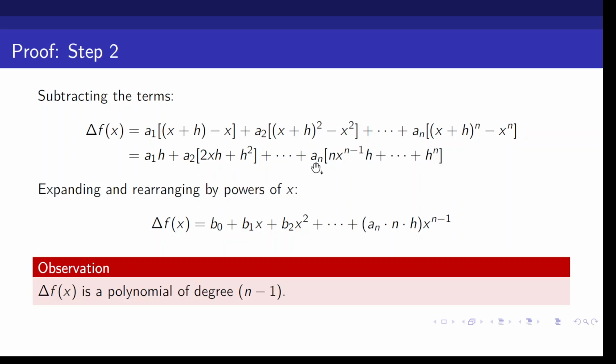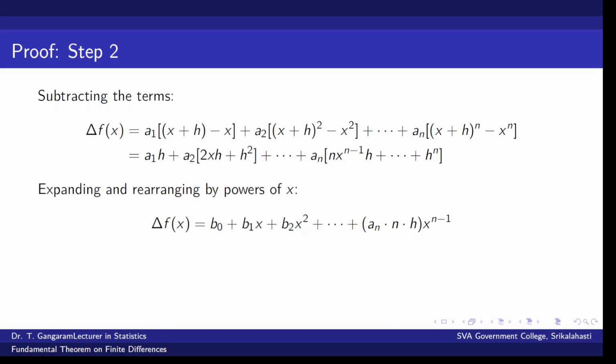Here look carefully, an into n into h. X power n minus 1 coefficient is an into n into h. This is the polynomial of x power n minus 1 degree. Now delta f of x is a polynomial of degree n minus 1.